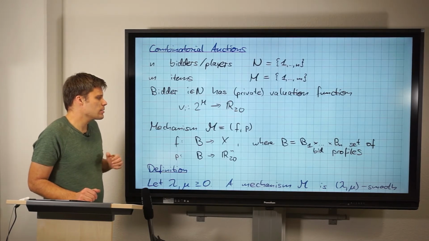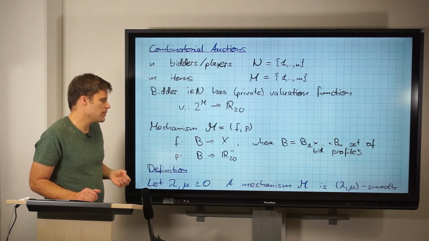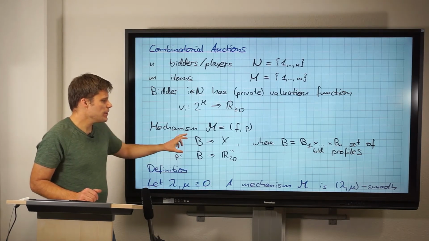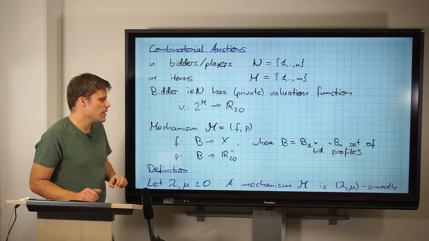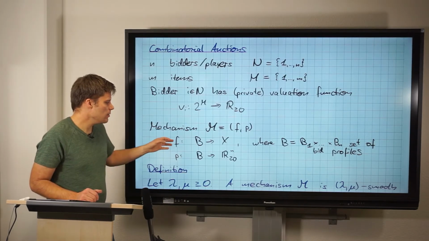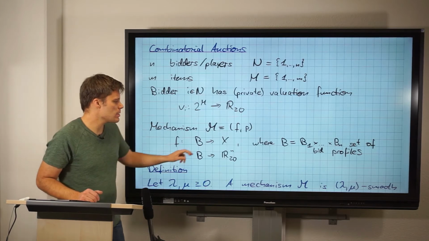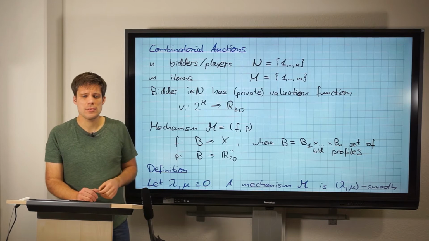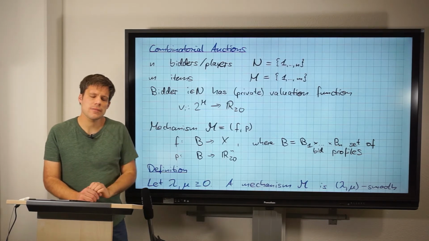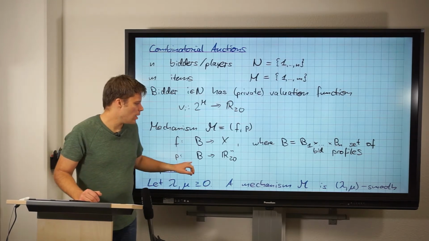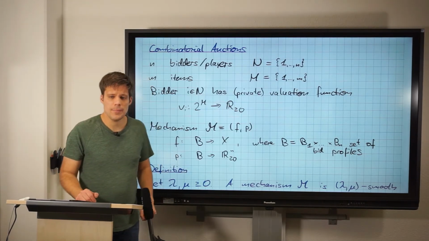Now we're trying to find a mechanism, which is a pair of an outcome rule and a payment rule. Both take as their input a bid profile. And then the outcome rule determines an outcome, which means an assignment of the items to the bidders in the case of a combinatorial auction. And the payment rule defines how much the bidders will have to pay.